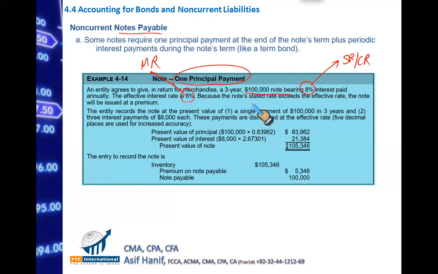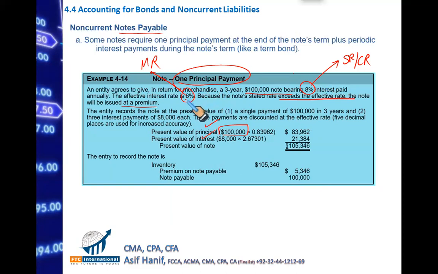Because the note's stated rate is more than the effective rate, it will be issued at a premium. How do we calculate? I told you the value of a bond or a note is the present value of the principal and the present value of interest. Please try to focus for these 3 examples. I'm going to make a payment of $100,000 at the end of the 3rd year.